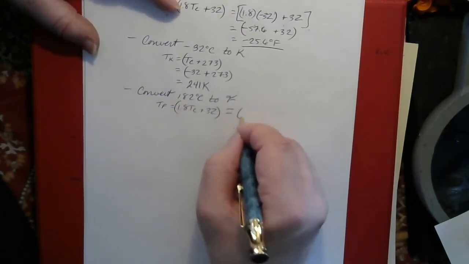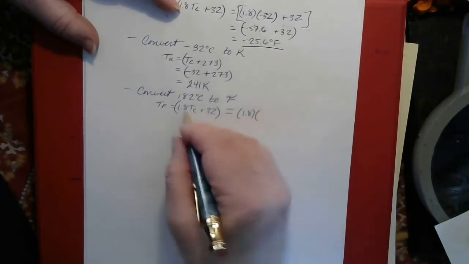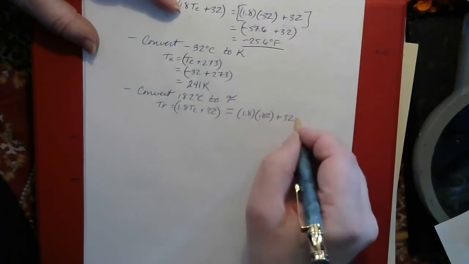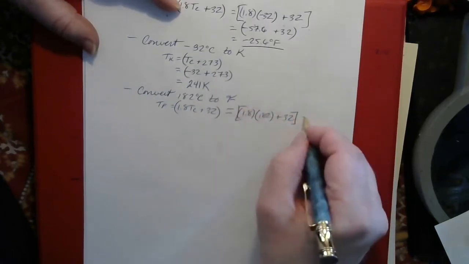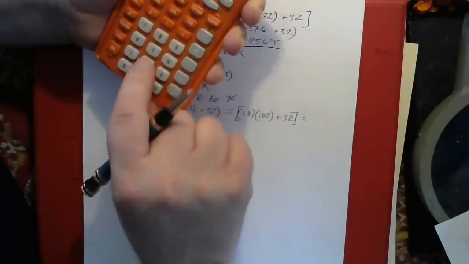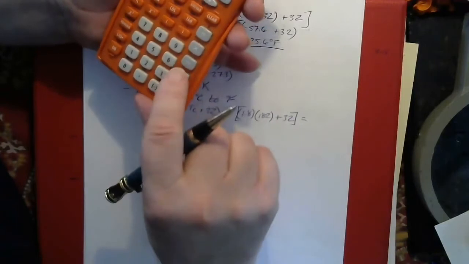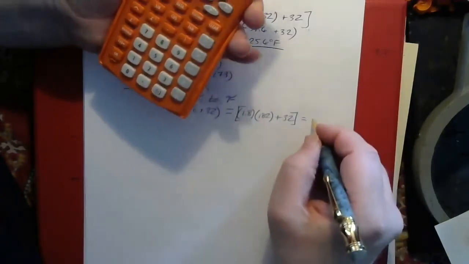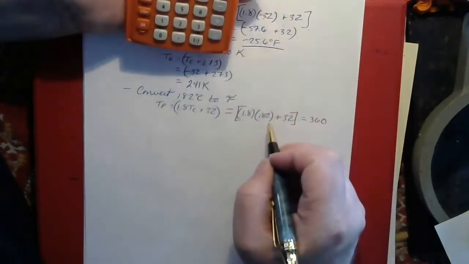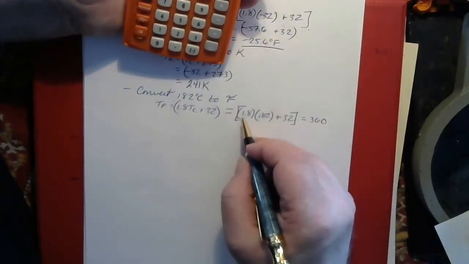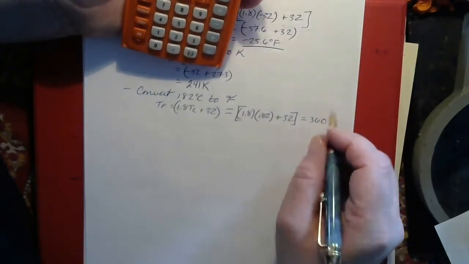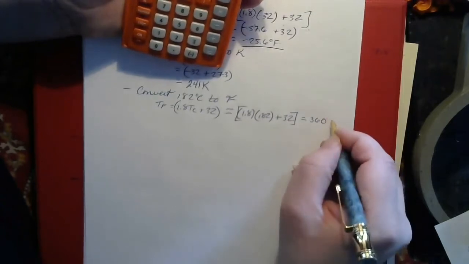And that is equal to 1.8 times negative 182 plus 32. And 1.8 times negative 182 is negative 327.6 plus 32 gives us negative 295.6. And let's see, we had three significant figures. That's approximate though, so that's only 2. So 360 without the decimal point would be our answer.